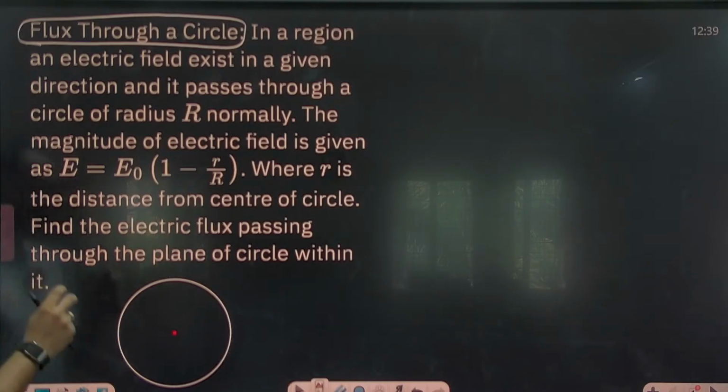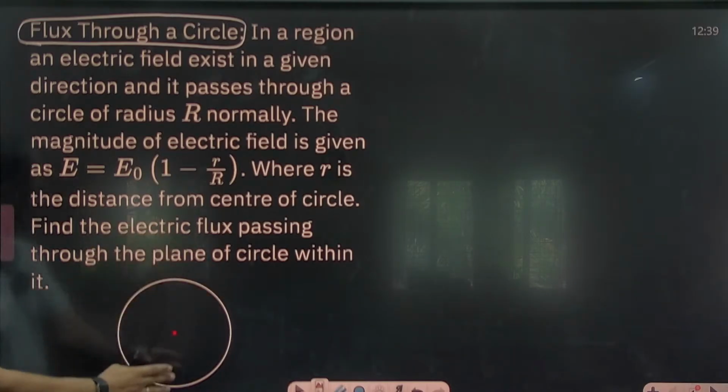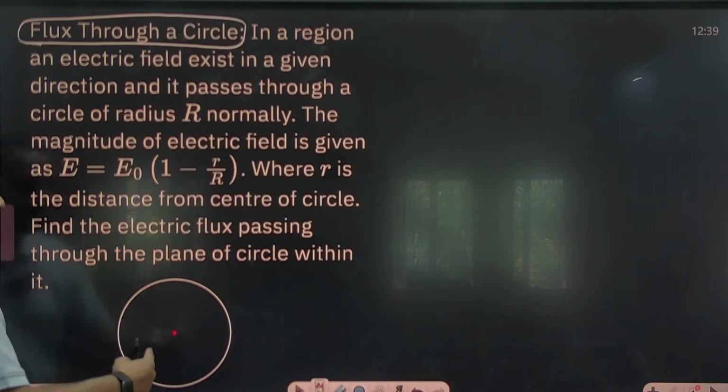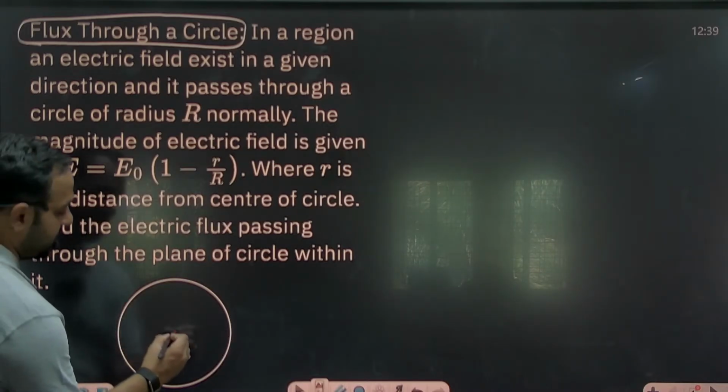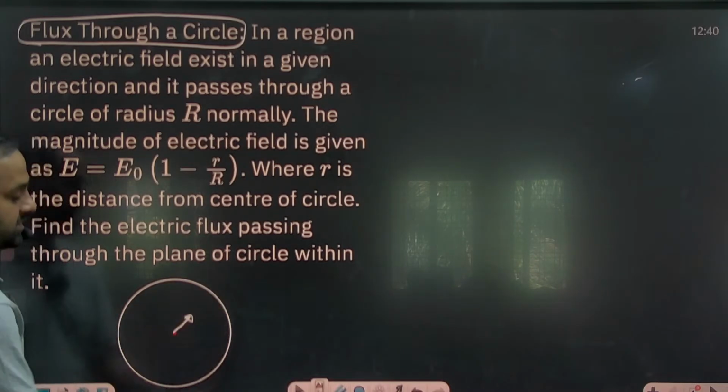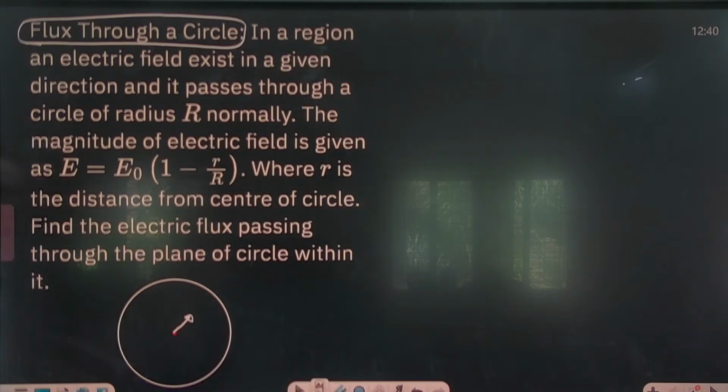If the circle is in this plane, the electric field is normal to this plane. Then how is the electric field varying? Electric field is varying with radius like this.